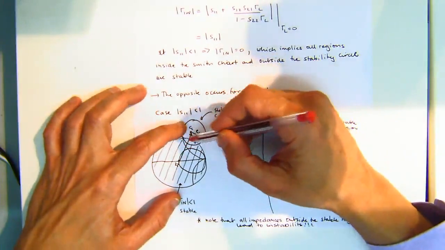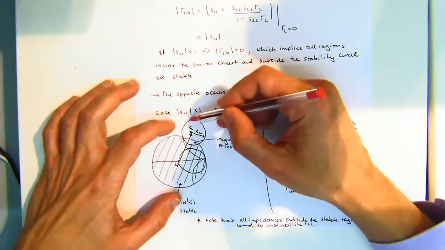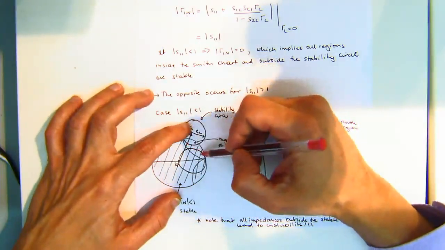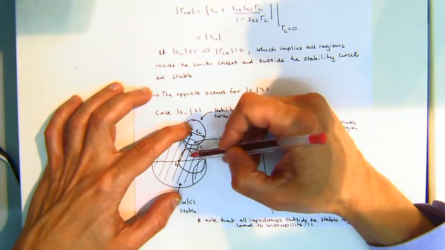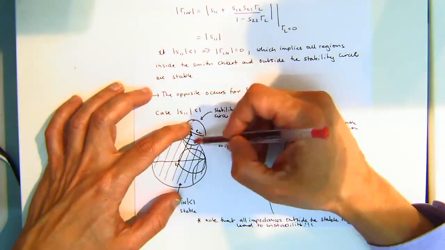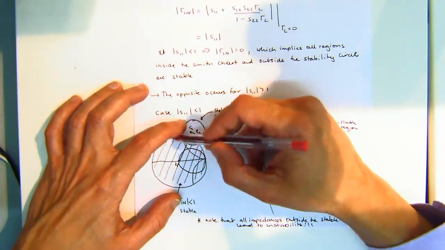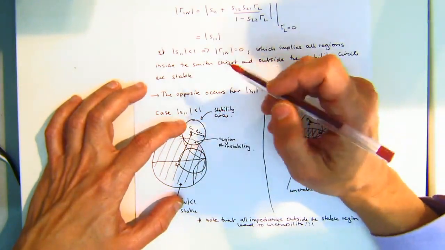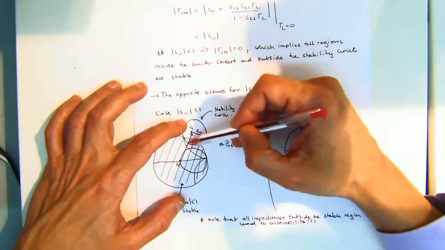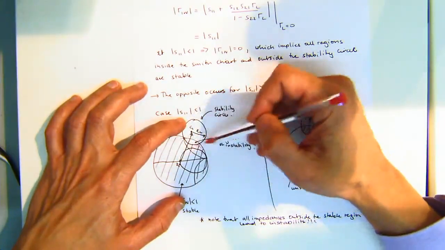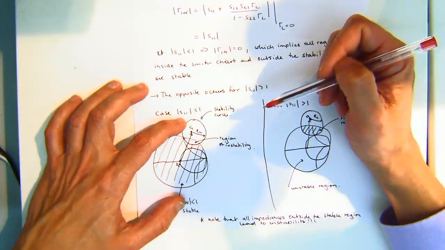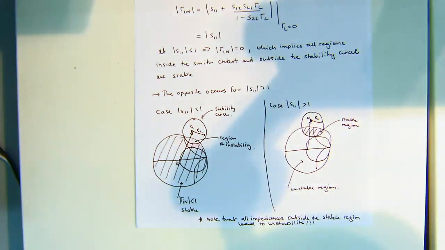The region where it's stable is everywhere outside this stability circle. Sorry, I'm a bit lost for words. It's everywhere in the Smith chart except where the Smith chart intersects this circle. Does that make sense? All right, cool. That's for S11 whose magnitude is less than 1.